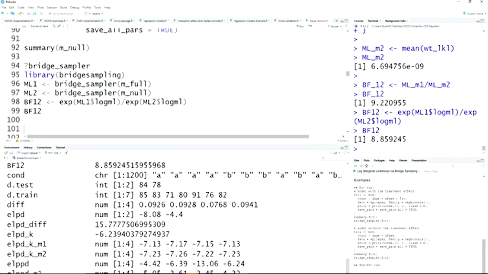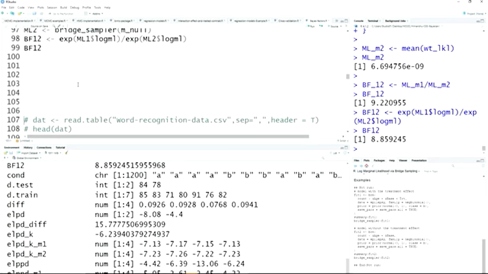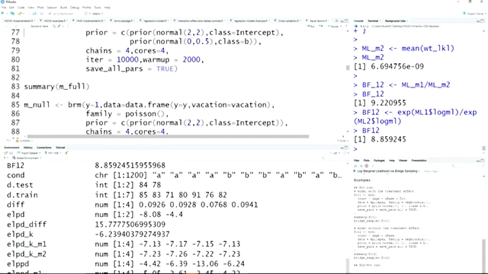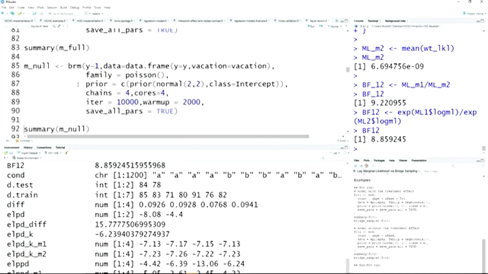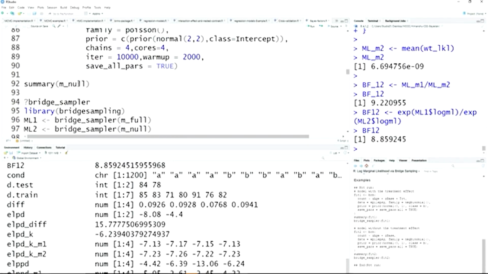All right. But the main point with the bridge sampler package is that it would work for even more complex models for hypothesis testing. Even if you have a hierarchical complex model, it would work for that, because all you are doing is fitting the model using brms first, right? And then using this package, you are calculating marginal likelihood for each model. There is also a way to directly compute Bayes factor given two models.